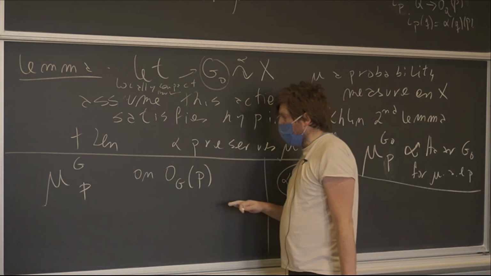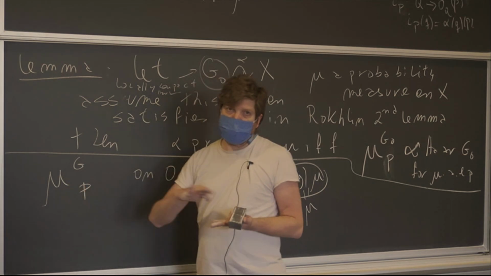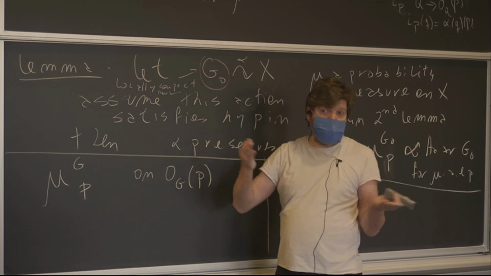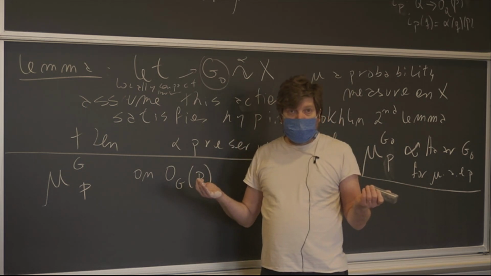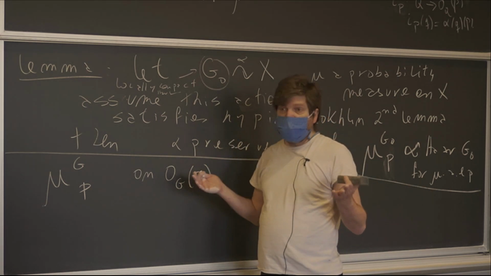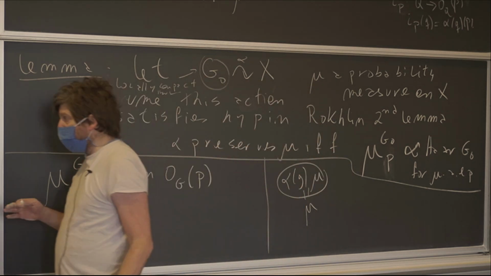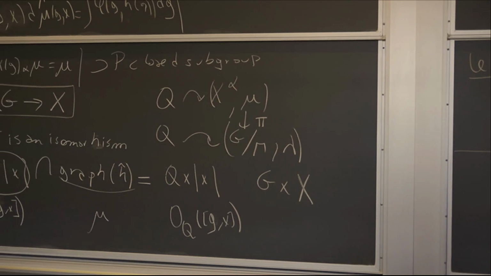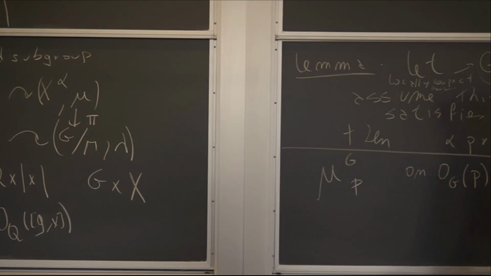When I disintegrate along the Q orbits, I get Lebesgue on these Q orbits, and transversely I get something. And what I want to claim is that transversely I get nothing else. And that's exactly what this means.